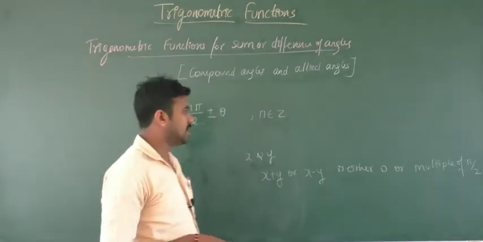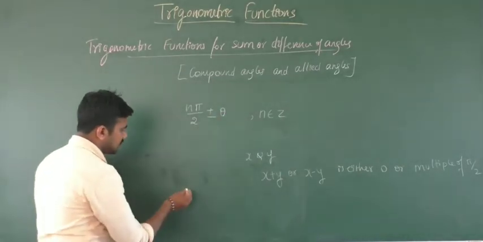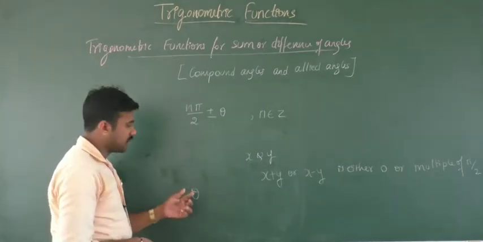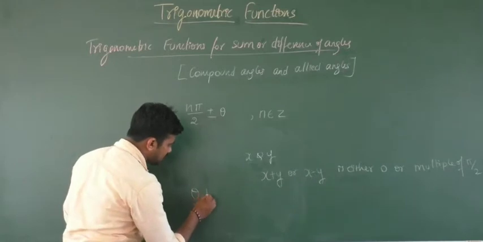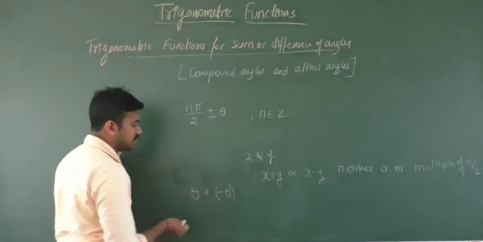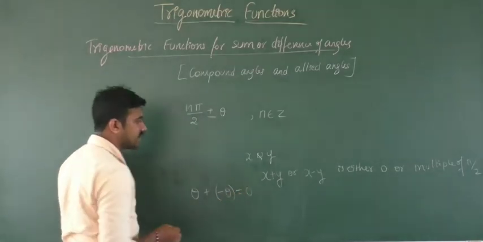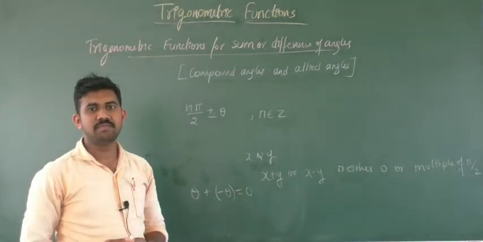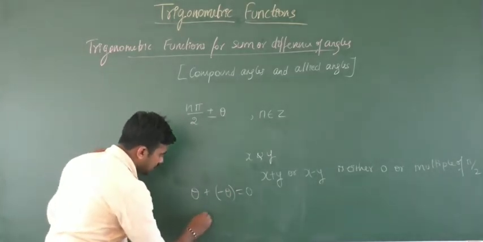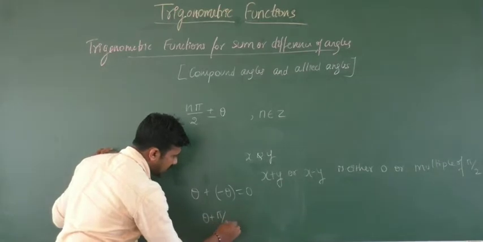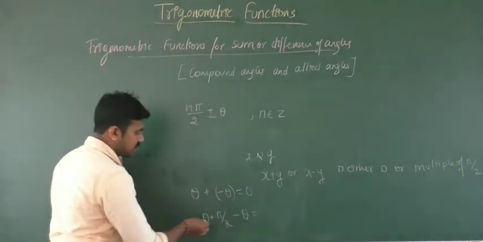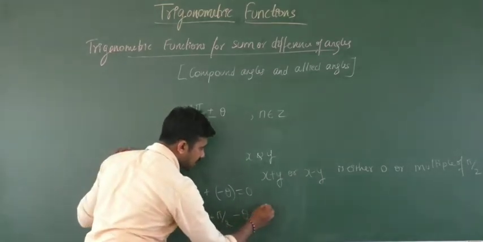Means see here, if you consider theta, to say theta is allied to minus theta, yes, clearly, because here we'll get the difference is 0. Similarly, theta plus pi by 2 is allied to the angle theta, again because here theta and theta get cancelled, we'll get pi by 2.